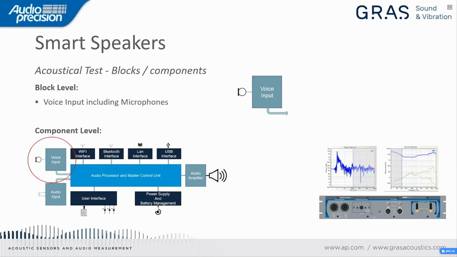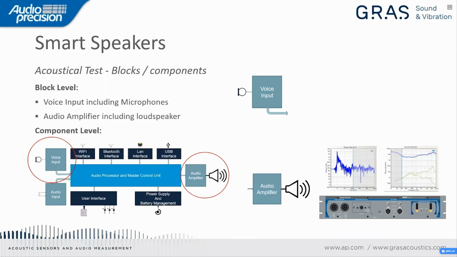In this way, we have the possibility for controlling the whole voice input by applying an acoustical signal to the microphones and then measure the output. We can do exactly the same with the amplifier. We apply an electrical signal to the input of the amplifier and we measure an acoustical response on the output.